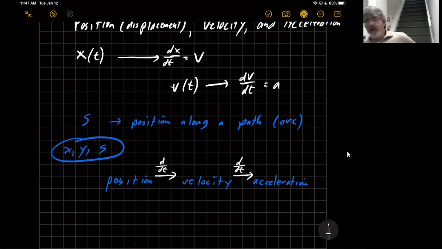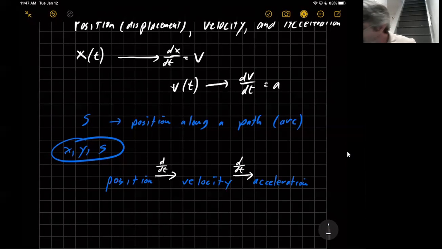You can't ever go from position directly to acceleration. You have to go position to velocity to acceleration. The derivative of acceleration also has meaning. It's called jerk. When the acceleration changes very rapidly, it tends to jerk us. So if you run your car into a telephone pole, there will be a huge change in acceleration in that process, and that's not very good for you.